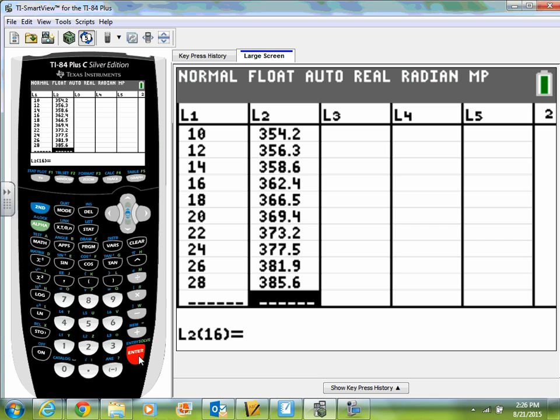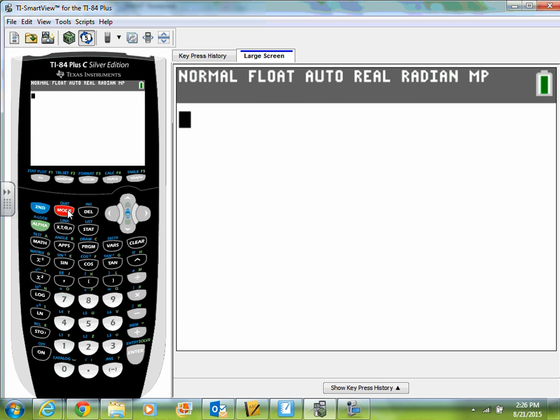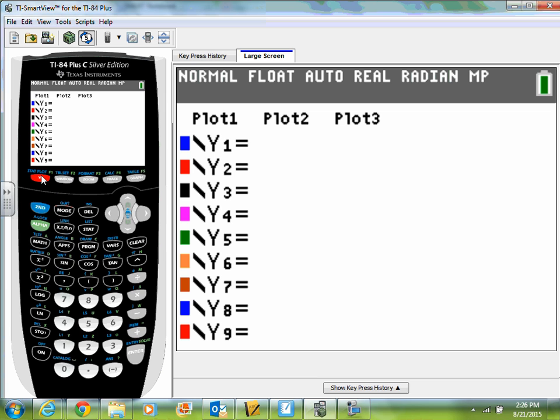All right, and once we have our lists entered, then we're going to get out of that screen and go to our y equals screen. Page 25.